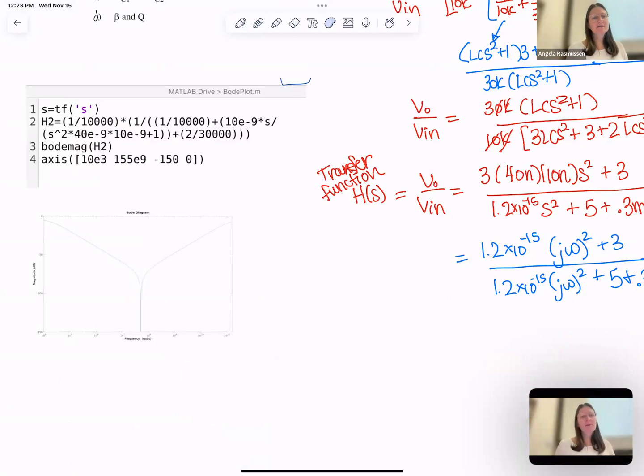So you type S to tell it that it's a transfer function for your variable S. And then you just type out the equation H2. And so I put this equation in there.